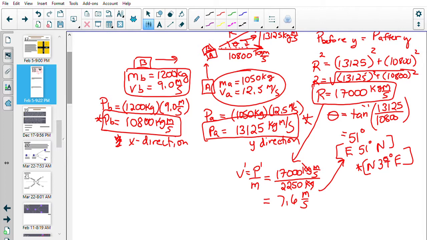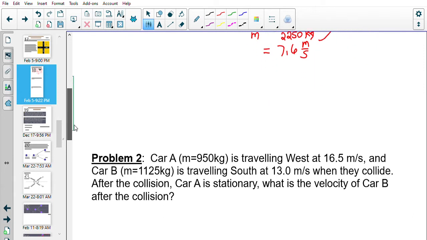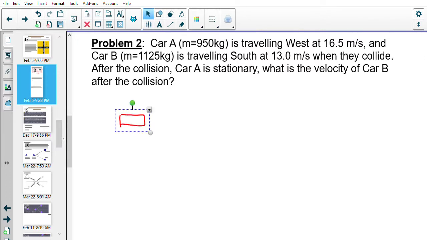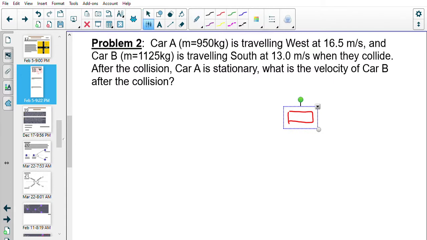The second problem is going to be just a little bit different. The second one is a car A is now traveling west. So we've got car A, it's going west. Better move them over here. Going west.